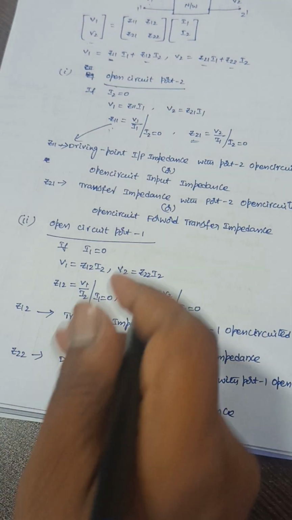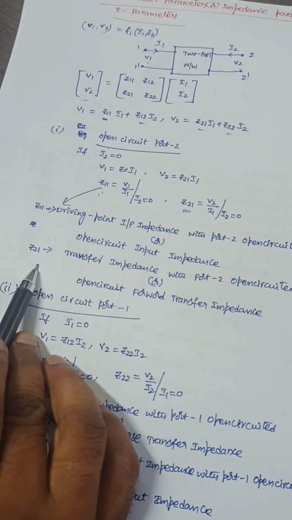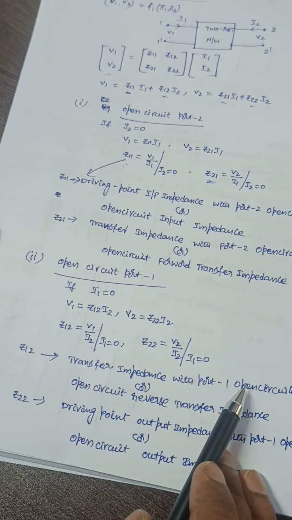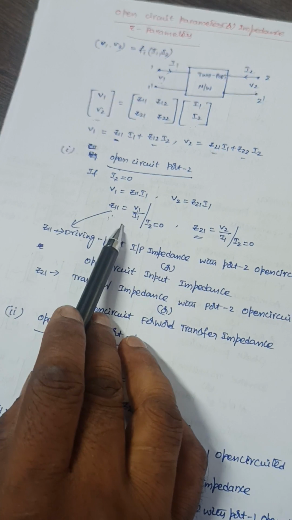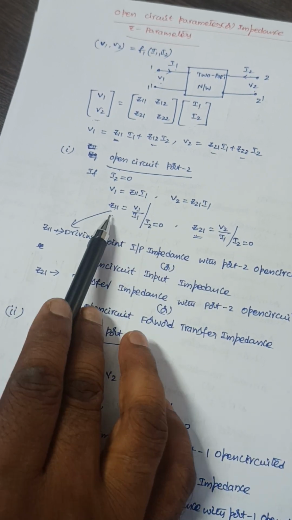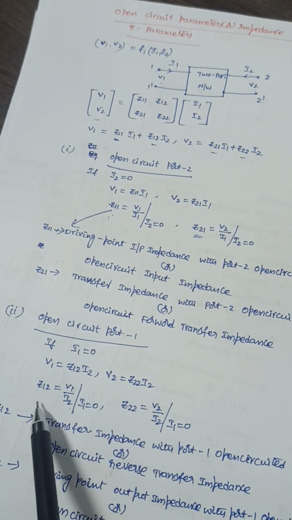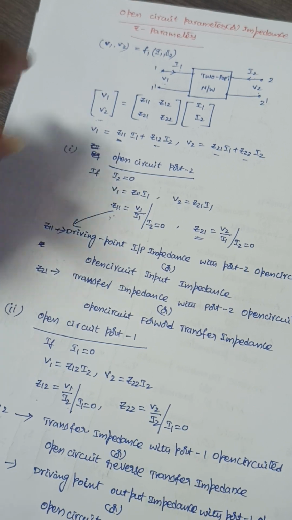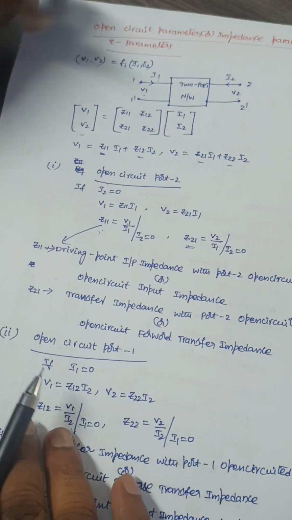So these are the names of Z11, Z21, Z12 and Z22. This is how we can calculate the values of Z11, Z21, Z12 and Z22 for any network.